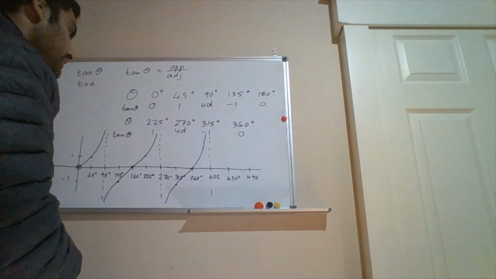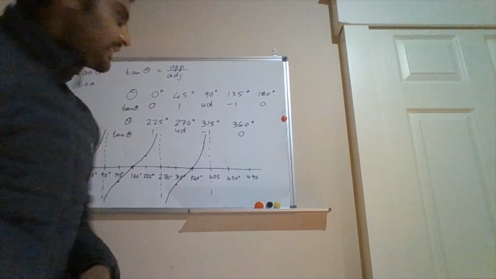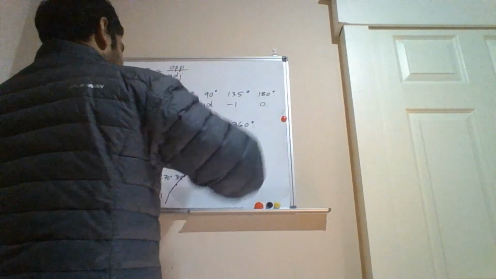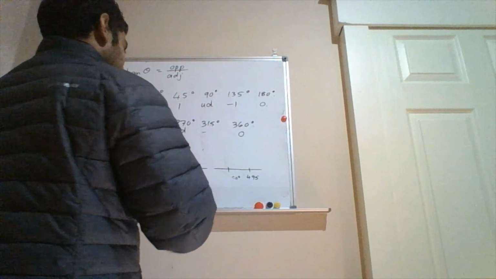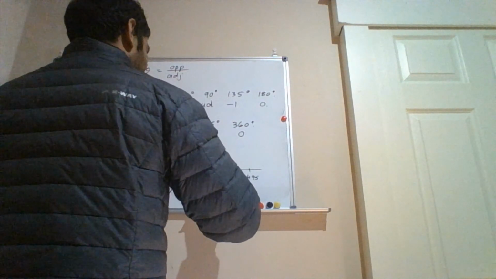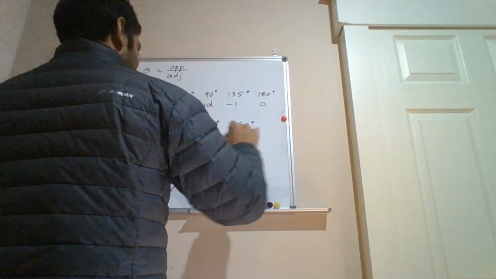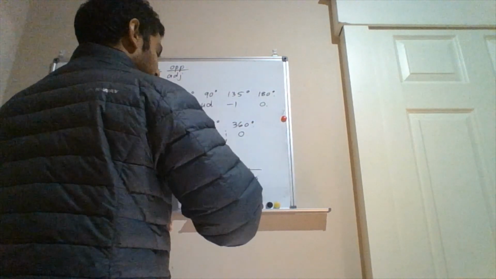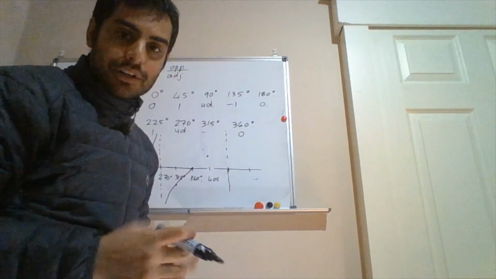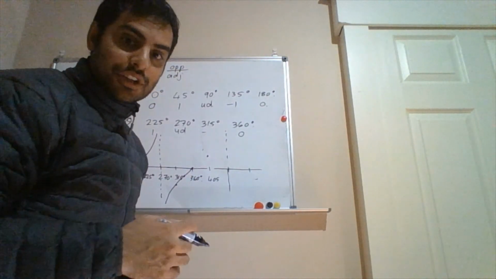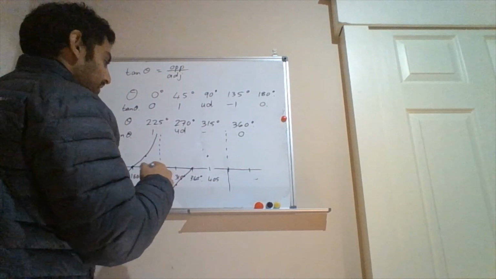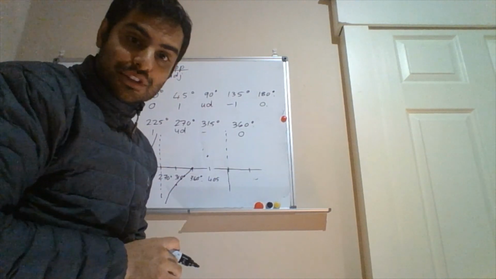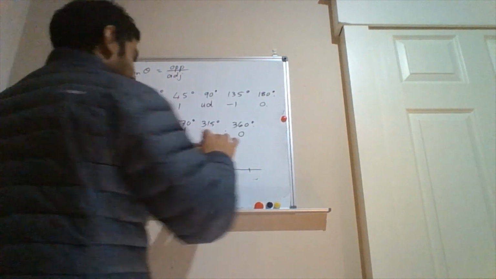315, 360 is 0. Sorry, I made a mistake. It's supposed to then go, so 405 is 1, and then 450 is our vertical asymptote. So I'm going to leave this in the video, I'm not going to edit it out, and it's just to show you human error and also how to check, if you're drawing these things and you see the dimensions are a bit off, just how to spot it.